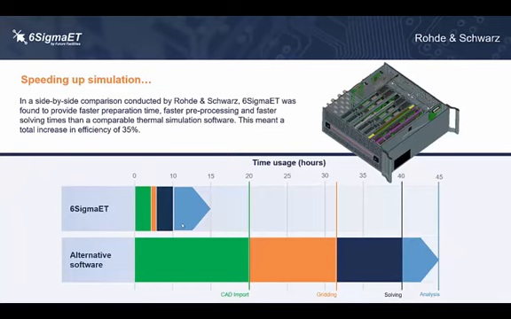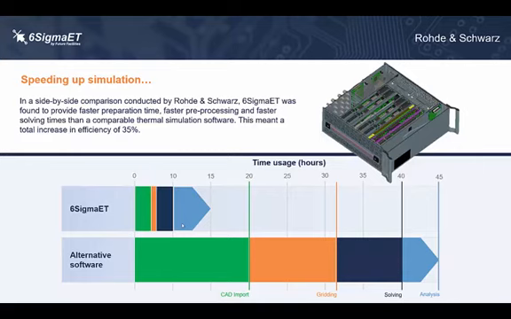Rohde & Schwarz did a big comparison study of 6SigmaET and another major simulation software in the electronics industry, and they found that 6SigmaET was faster at every single stage in the process, from CAD import, gridding, solving and analysis. And they've been doing very detailed thermal simulations, as you can see in the picture.